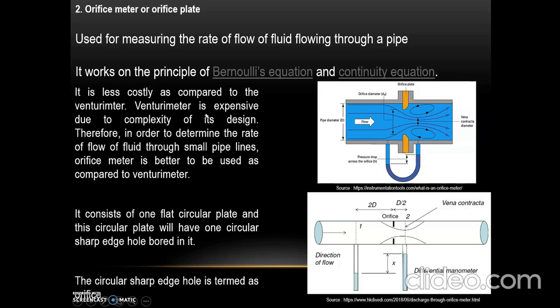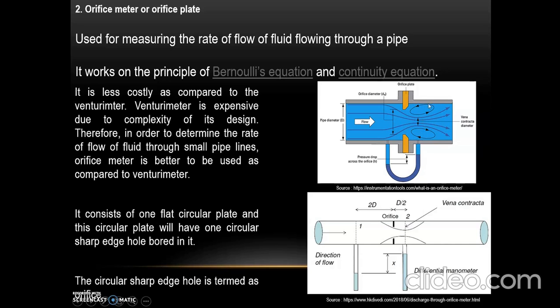Hence, in order to determine the rate of flow of fluid through these small pipelines, an orifice meter is used compared to a venturimeter. An orifice meter consists of one flat circular plate, and this circular plate will have one sharp circular edge hole bored in it.